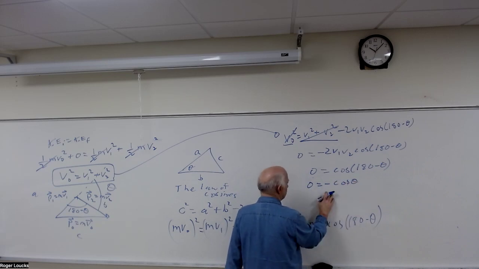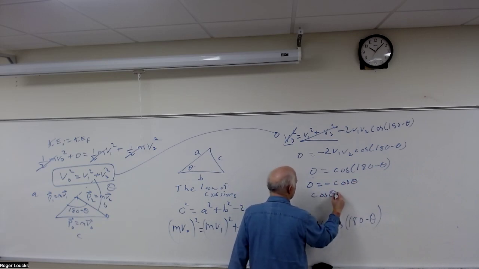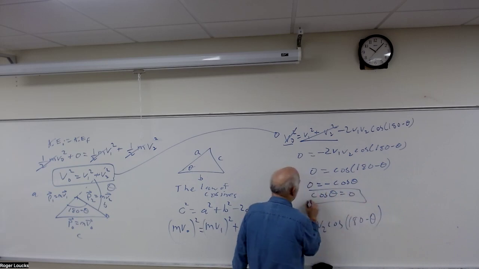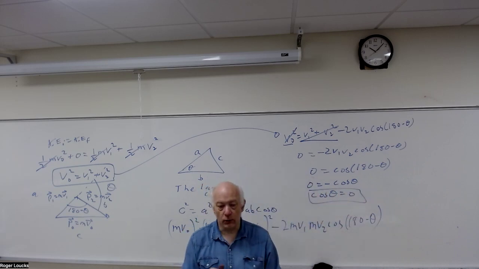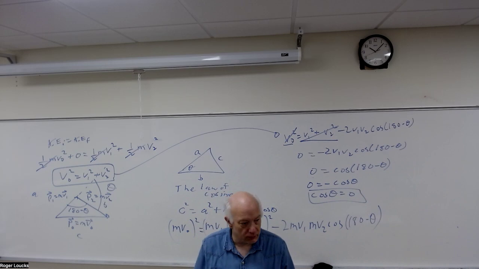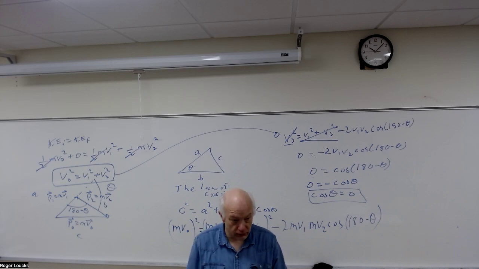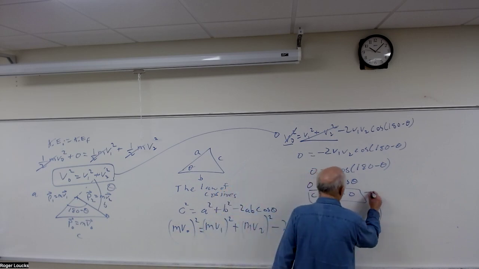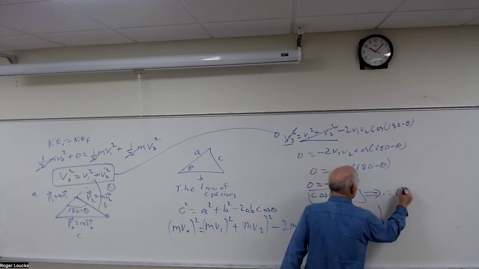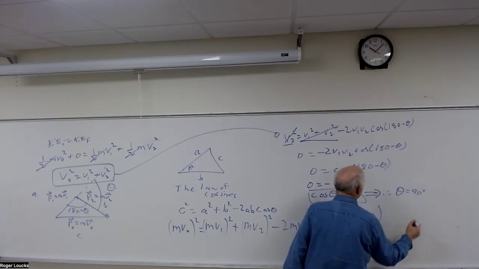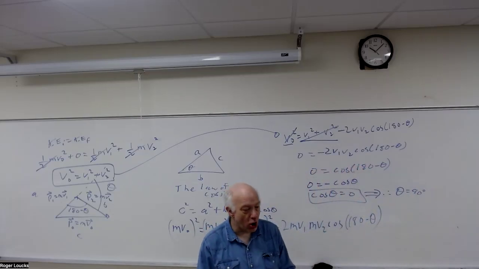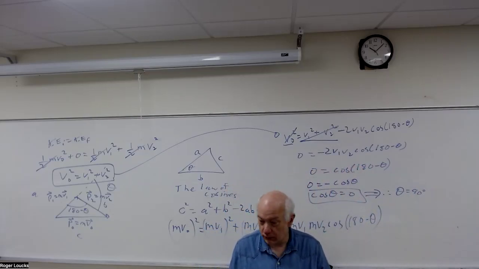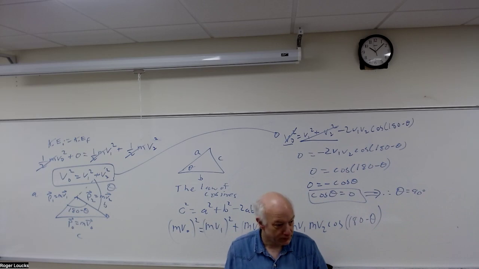So you get cosine of theta equals 0. When is a cosine equal to 0? When the angle is 90 degrees. Therefore, theta is 90 degrees. There, I have imparted all my wisdom of pool. They're the only two things I know about pool. Pretty slick.